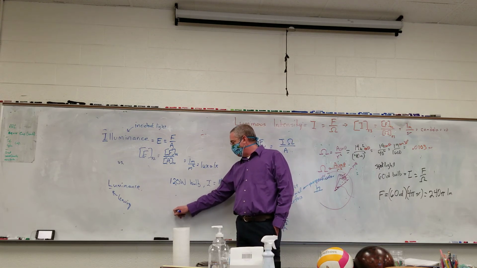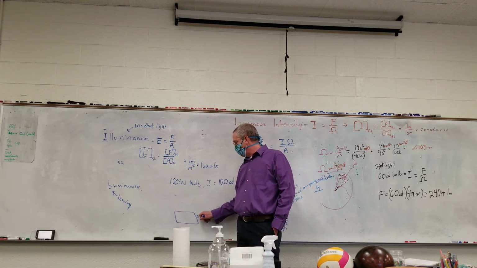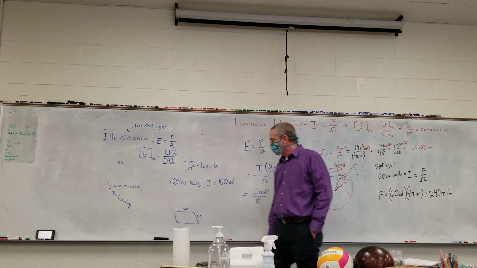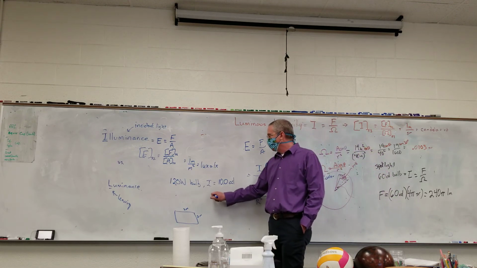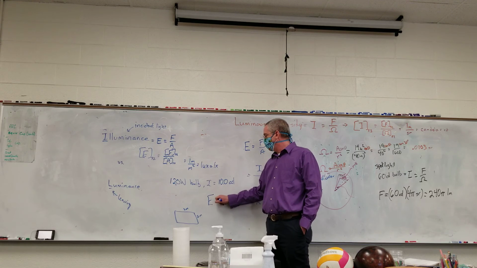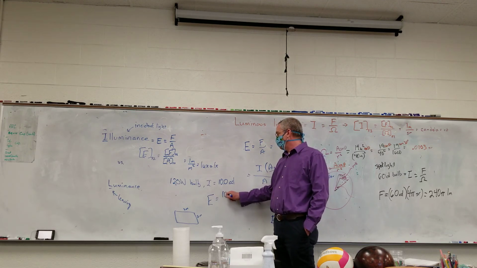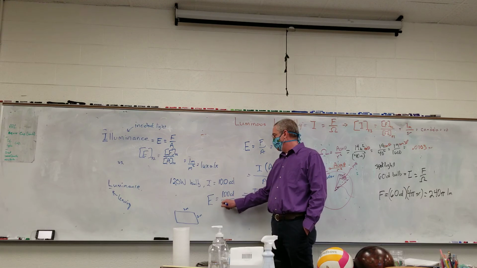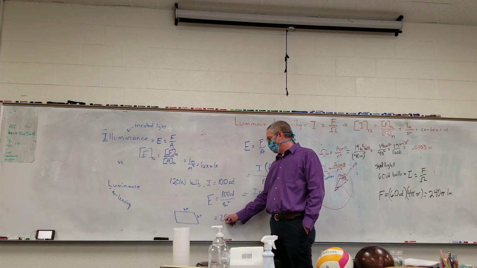And I'm shining it down onto a surface that is 2 meters by 2 meters. Then my illuminance is just going to be 100 candelas over my area of 4 square meters, and we get 25 lux.